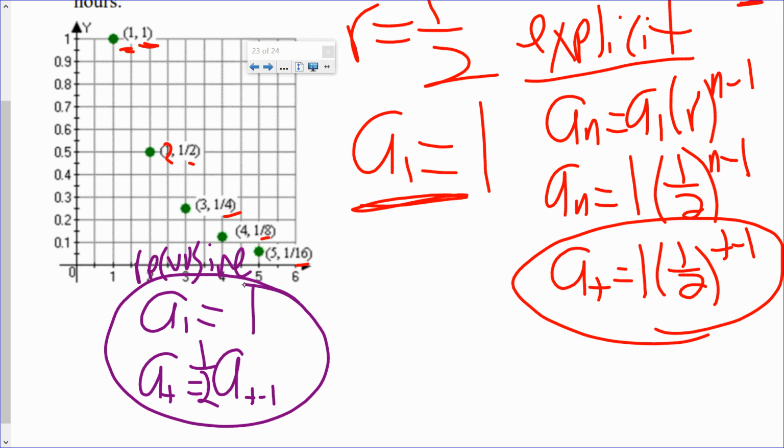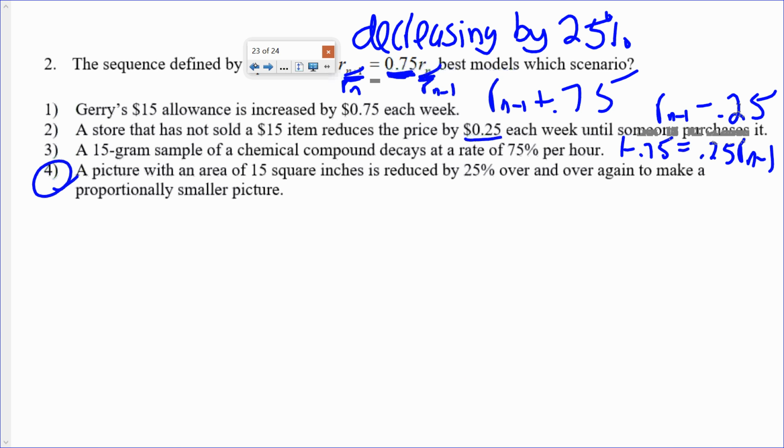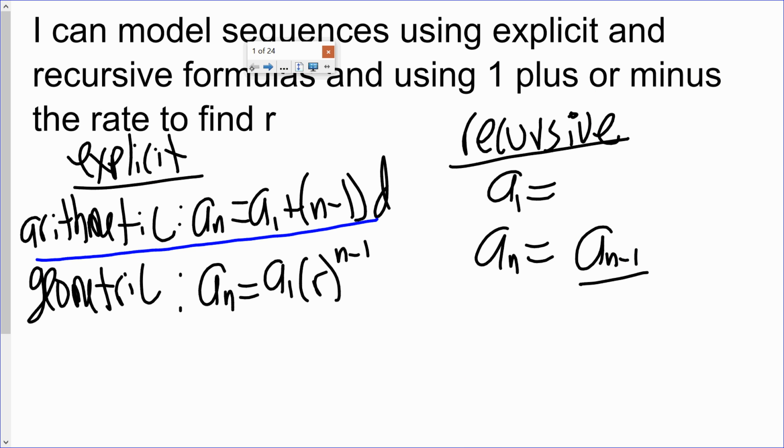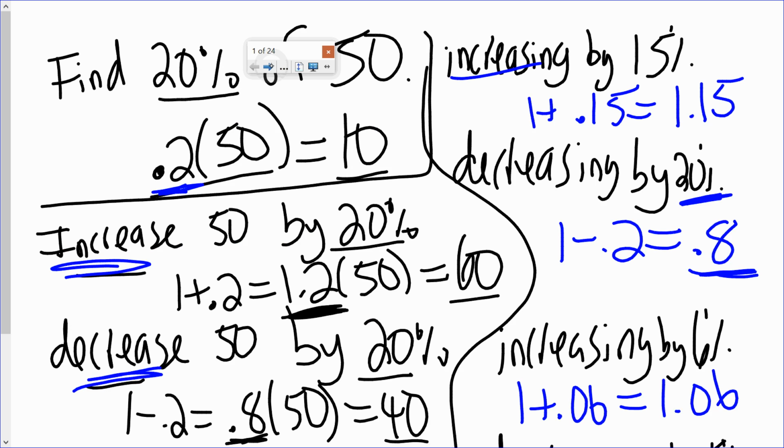Listen, there's a lot to this. It needs to be practiced. There's a lot of little components that come together, which is why we spent so much time before this. So let's sum up all the important stuff that you need to know. First off, you need to know your formulas. Explicit are given to you on the reference sheet. These are your explicit formulas, unless they give you a 0 instead.